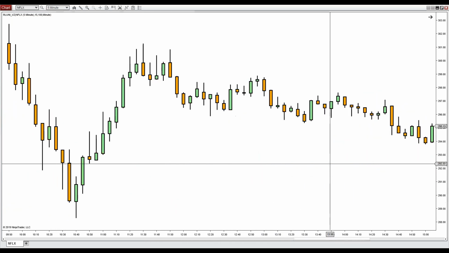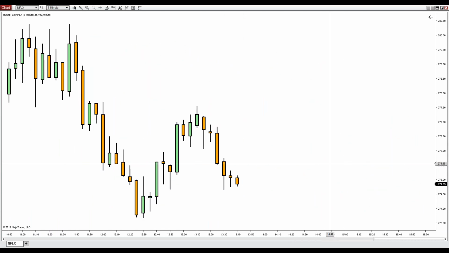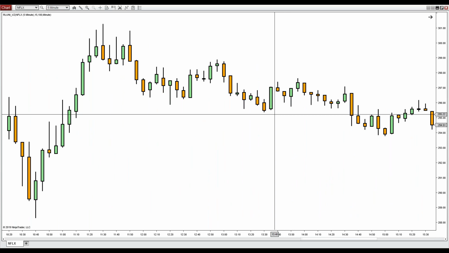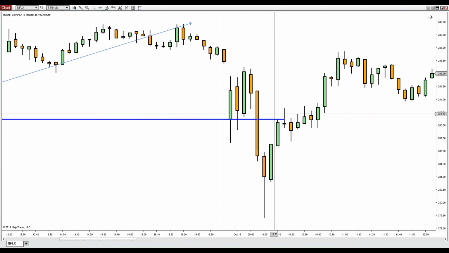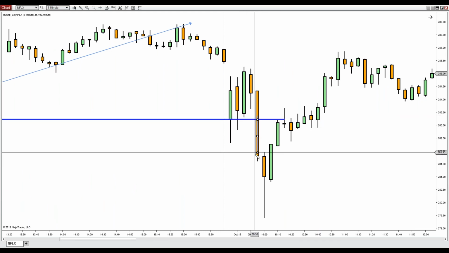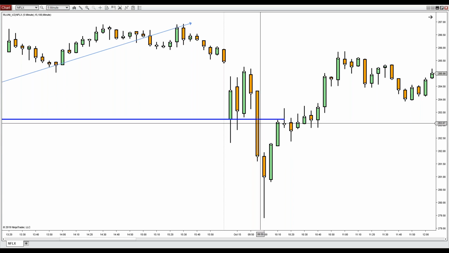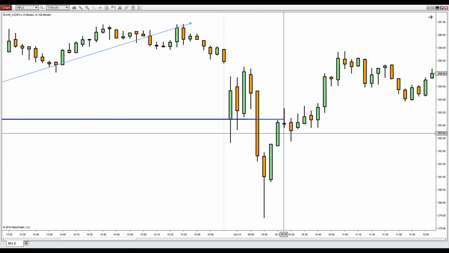Let's just keep looking. I mean, when they're not there, you're not going to get them. So, that's Netflix. There's only one on a 5-minute, and it does turn the market. Just because price has breached it, and that's the one thing that's unique about this, doesn't mean these buyers have all been absorbed.